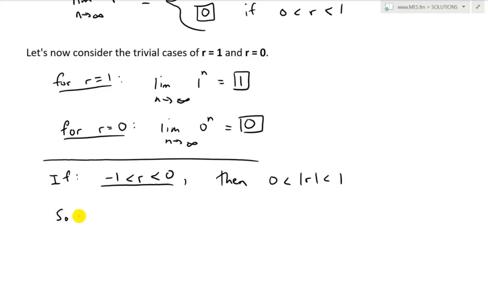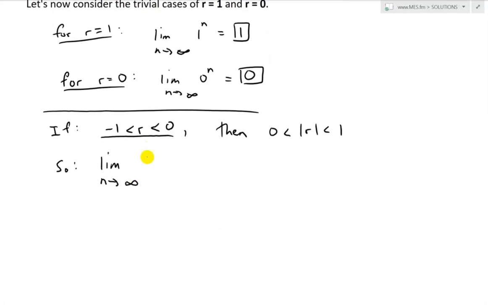So we could just apply theorem 2. Thus, the limit as n approaches infinity of the absolute value of r to the n is equal to the limit as n approaches infinity of the absolute value of r, to the n, which is always positive, so this acts exactly as over here.